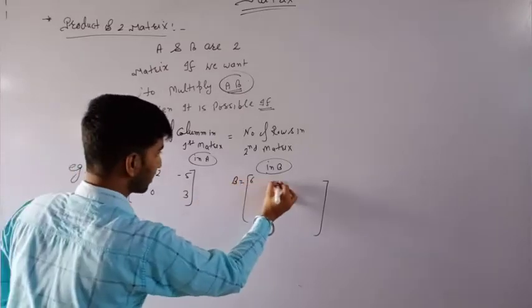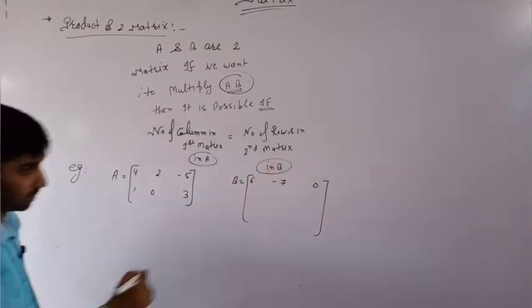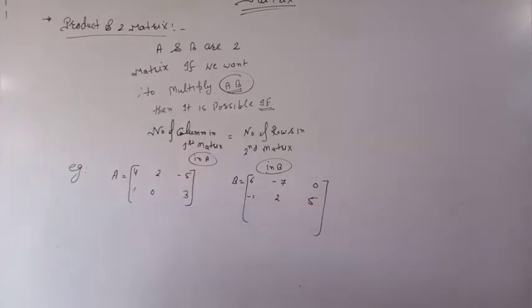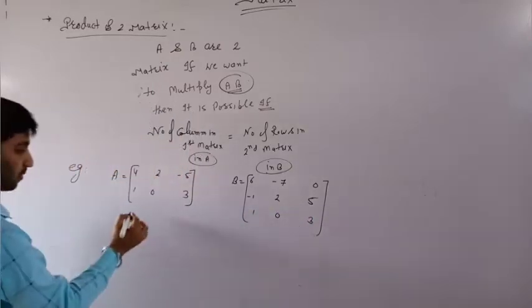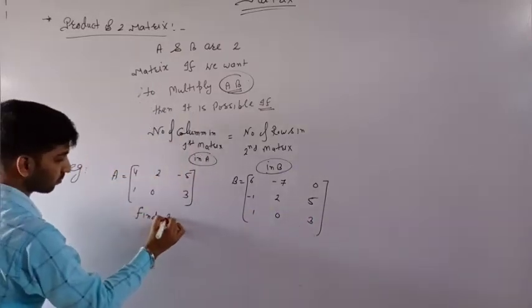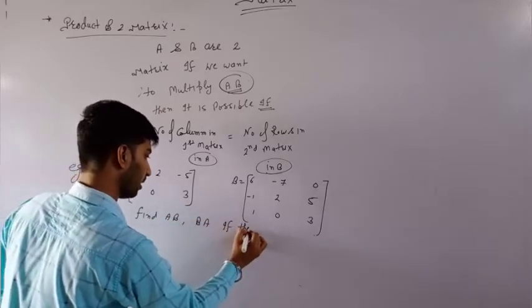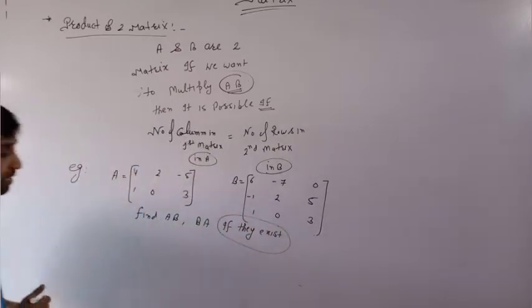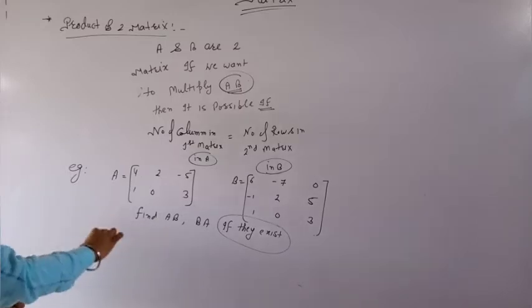B is [6, minus 7, 0; minus 1, 2, 5; 1, 0, 3]. Find AB and BA if they exist. First of all we have to find whether AB and BA exist or not. If they exist, then find AB and BA.